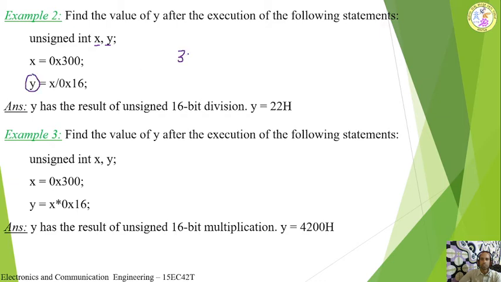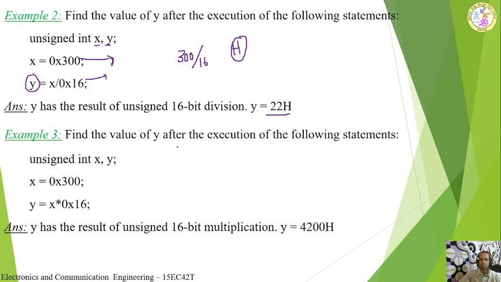Do 300 divided by 16 on your calculator in hexadecimal mode, not in decimal mode. Otherwise, convert 300 and 16 into decimal, do the division, and convert the result back to hexadecimal. You are going to get 22H as the answer, and this 22H will be stored in the variable y.